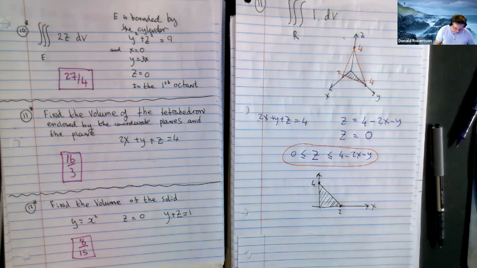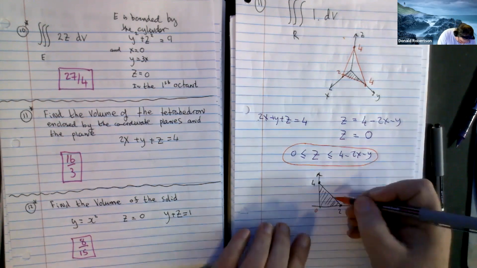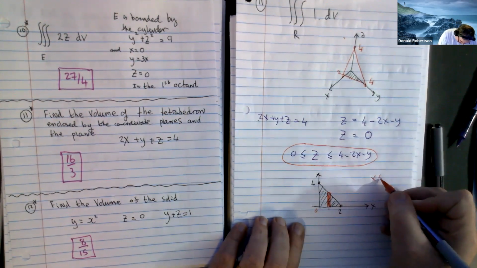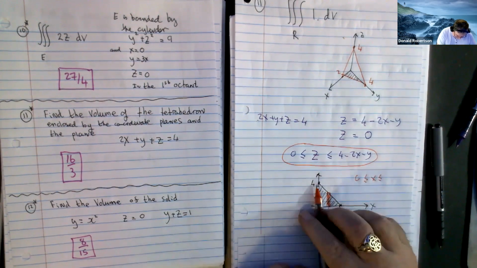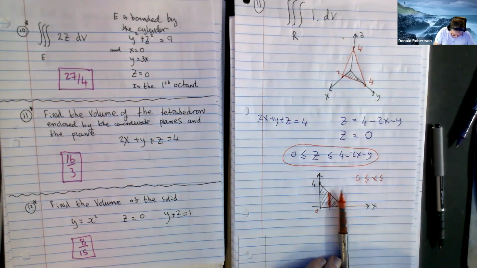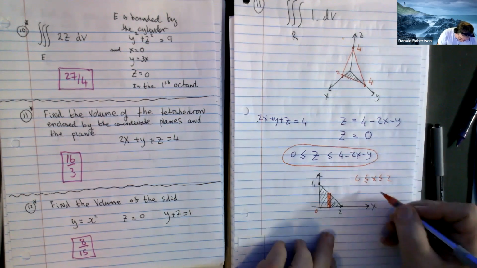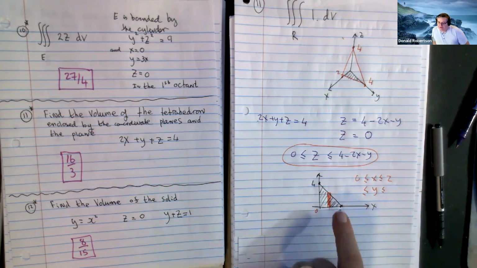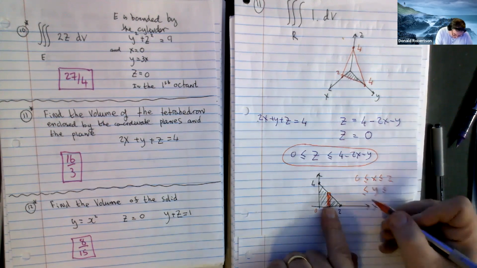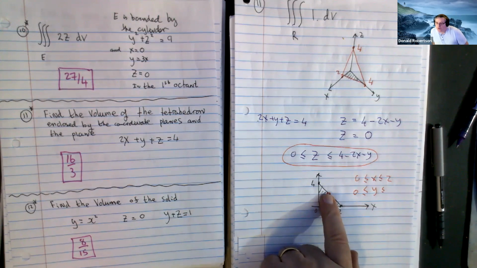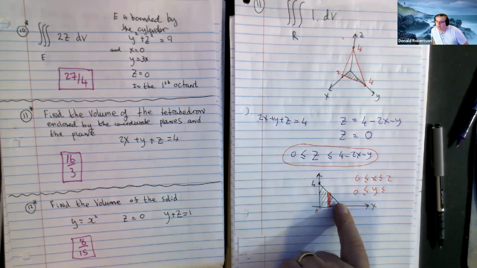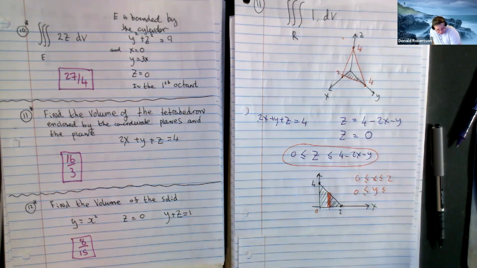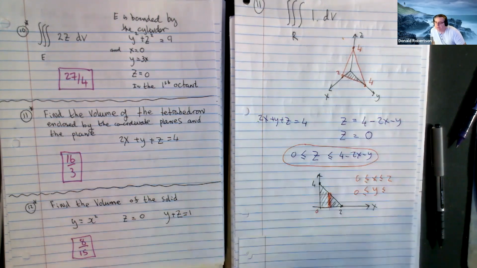I'm going to go vertical, which means x is going to be 0 scan to the end, 2. And y, we've done enough triangles to know how this is going to end. In this case, it's the bottom, so I get a 0. And the top is going to be the equation of that straight line with x's in it. Just looking at that picture, what's the slope of that straight line going this way?